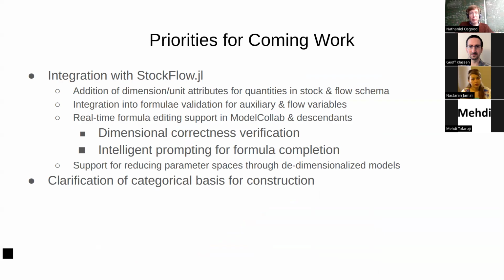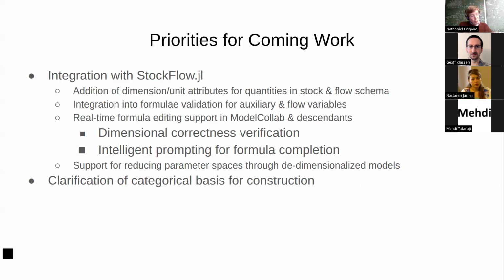A few things that I see as priorities for the coming work. I'd really like to see this integrated with stockflow.jl. I think we're going to need to figure out how it gets integrated. I have many ideas of how we can use it once it's integrated.